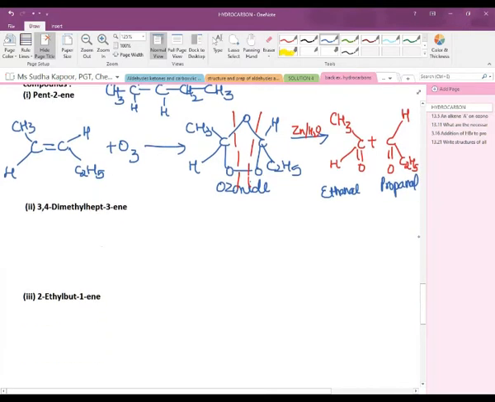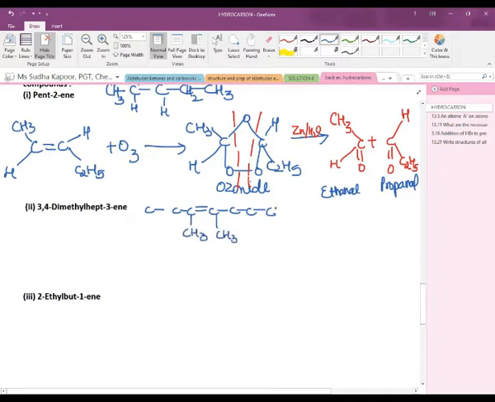Now in the other case, first we should draw the structure of this, that is hept-3-ene. Hept-3-ene. Okay, so drawing it in a simple way. 1, 2, 3, 4, 5, 6, and 7. On the hept, the third is ene, and on 3 and 4 position, it is having the methyl present on it.